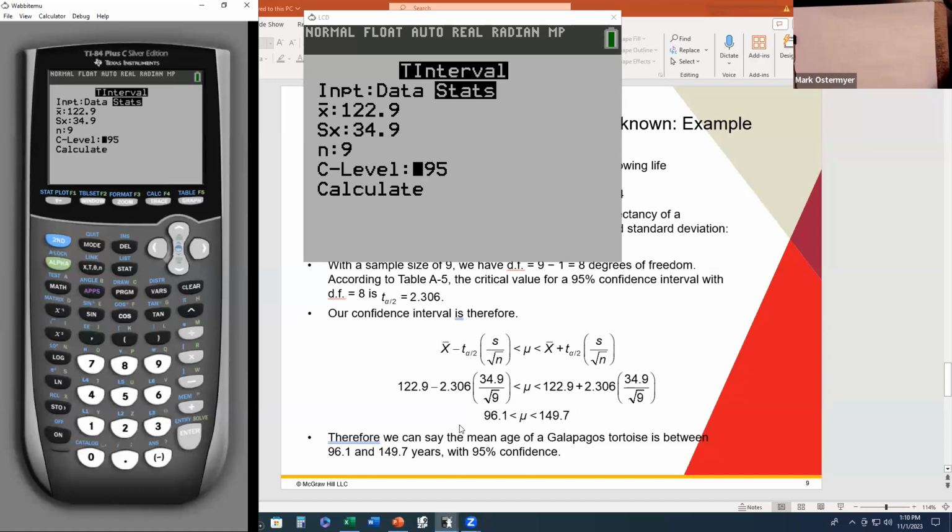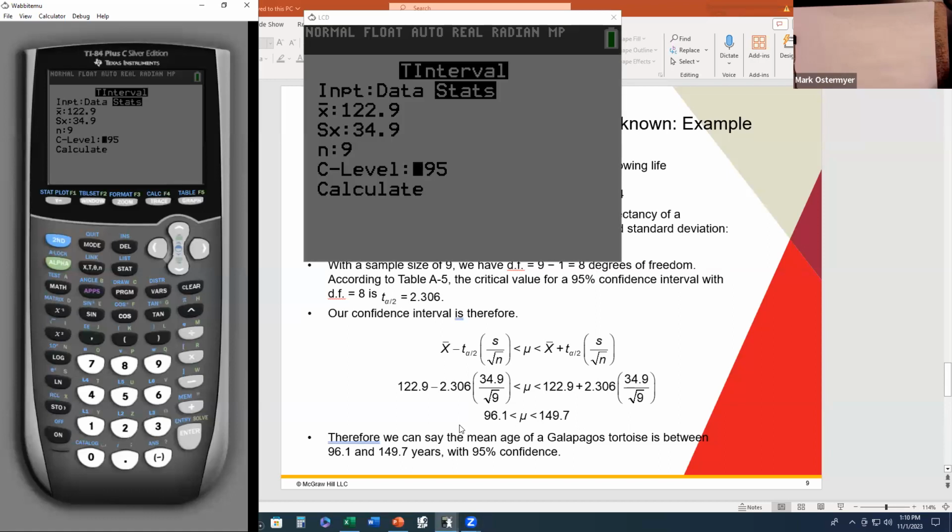But if you think I'm going to stick around and wait for 149 years for a tortoise to kick the bucket, that's so not happening because that tortoise is going to watch me check out before it checks out. So this is an interesting data set when you think about it. And you can't ask the tortoise how long you're going to live, like they're going to be able to predict their lifespan. That's not happening.